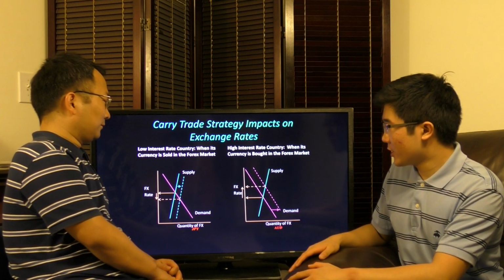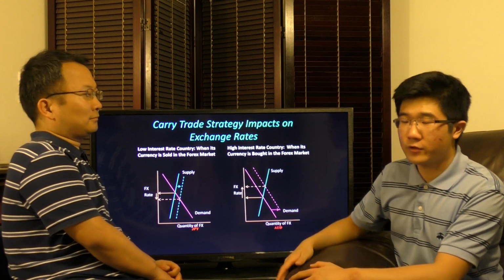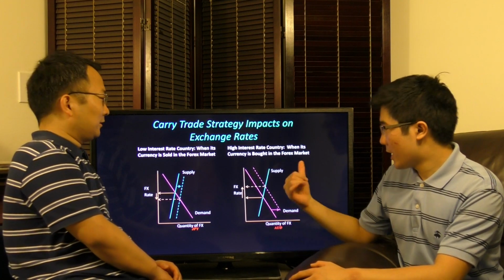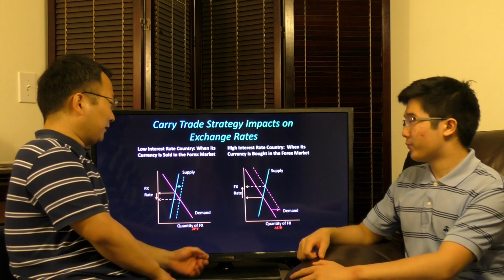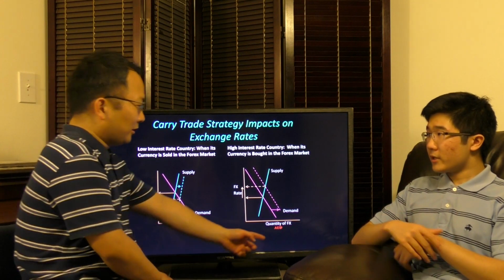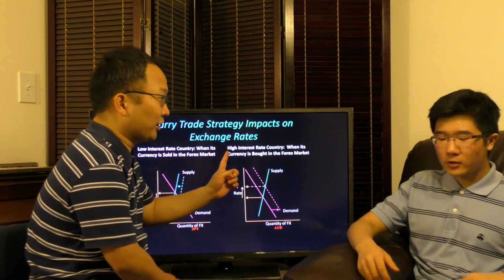The supply of Japanese yen increases, which decreases its forex rate, and the demand for Australian dollars increases. So the Japanese yen will depreciate, and the Australian dollar will appreciate.